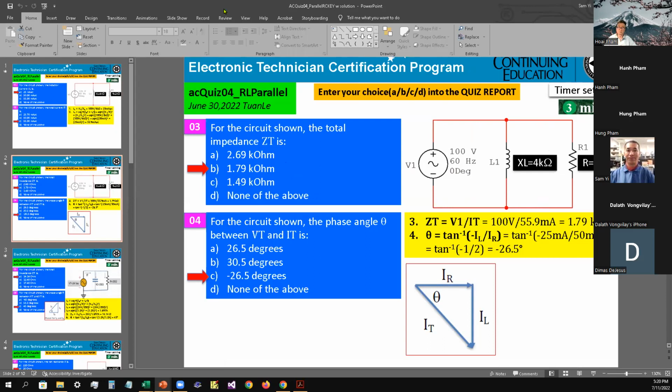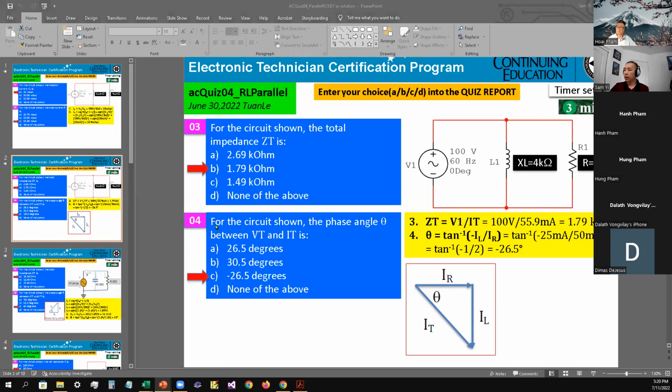Okay, for number 4, for the circuit shown, the phase angle theta between VT and IT is, okay, theta equals arctangent of negative IL divided by IR.